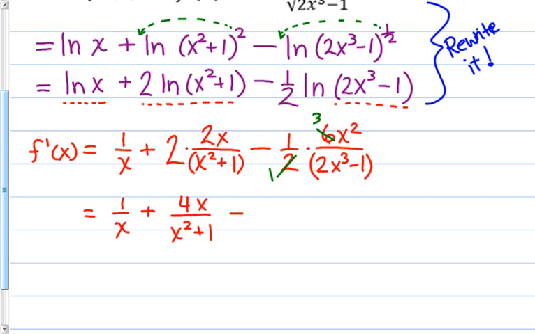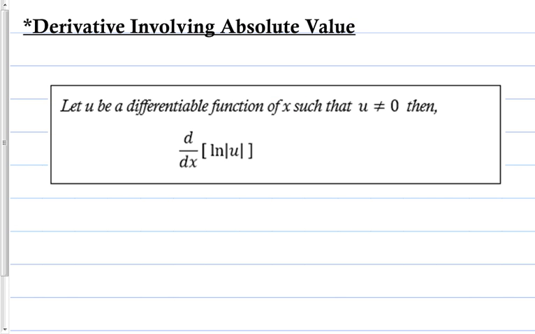The 6 becomes 3. So now I have 3x squared on top. The 2 on the bottom is gone, and I have 2x cubed minus 1. And there is your derivative. No chain rule, no product rule, no quotient rule necessary.